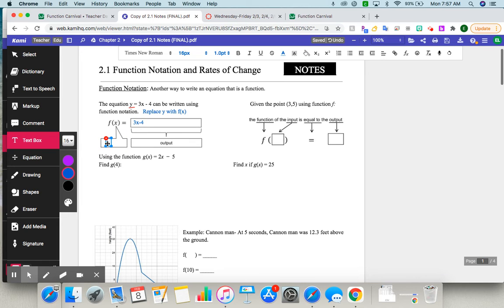As we said before, x always represents the input, and then we use the expression 3x minus 4 to determine the output. Going over here, given the point 3 comma 5 using function f, so we're still using f of x equals 3x minus 4. We're told that the input is 3, and then the output is 5.